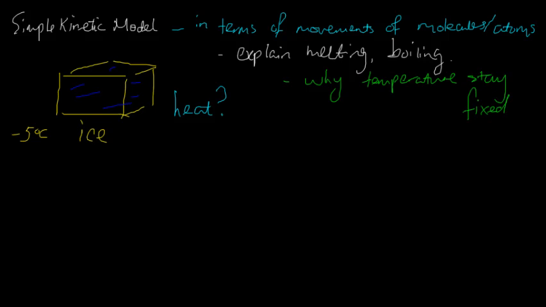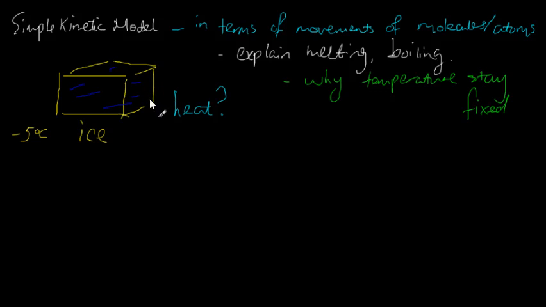So that means if I look at a piece of ice and it melts, while it melts, it will stay at 0 degrees. The temperature stays fixed all the way until the ice has melted, and then the temperature increases.